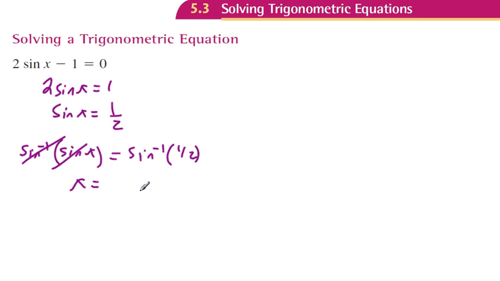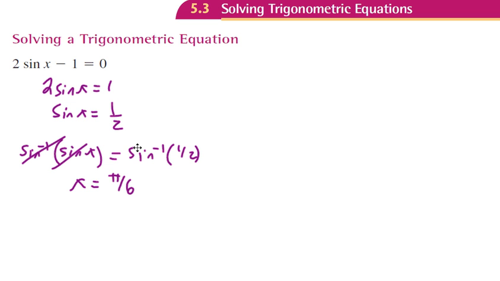The only problem with this is that when you do this in your calculator, it's only going to give you one answer, and a lot of times we're going to have more than one answer, which is why we want to be top notch on our unit circle. So for example, if you put in sine inverse of 1/2, you would get pi over 6, or 30 degrees, but we're going to stay in radians, so you would get pi over 6.